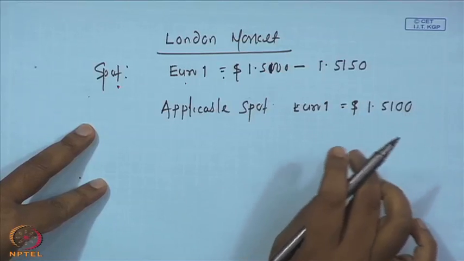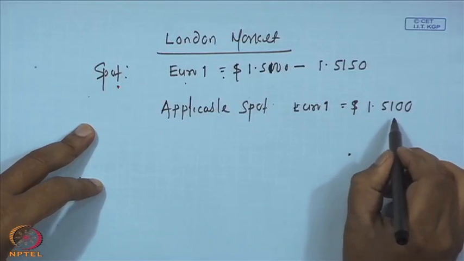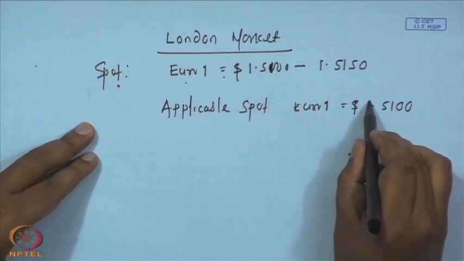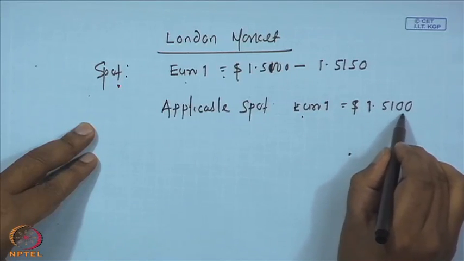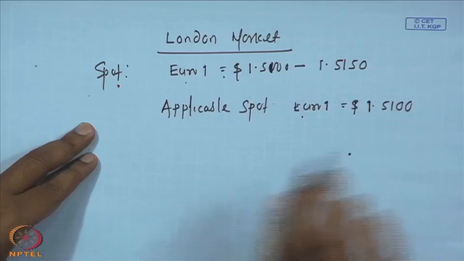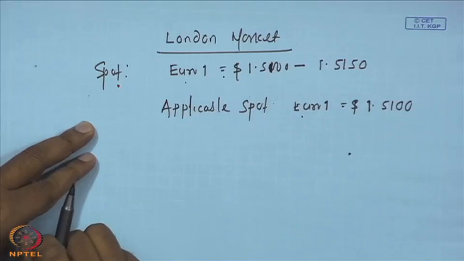Why? Because the market always gives less. So the applicable spot is 1.5100 dollar per euro. Now, this is the spot rate.